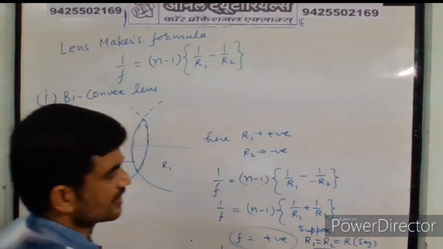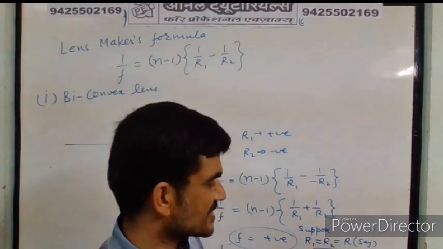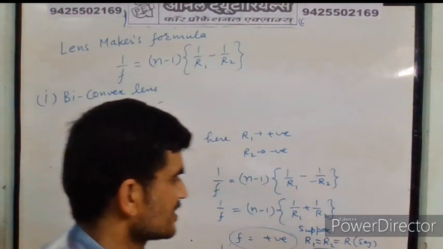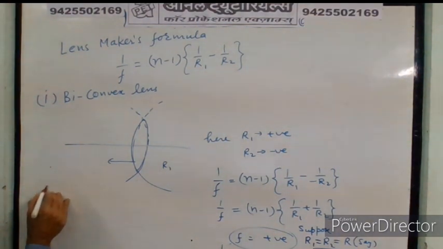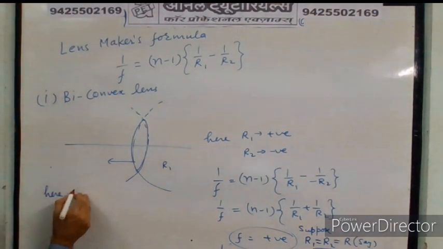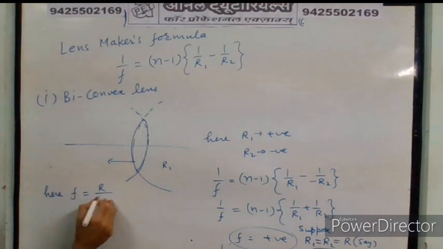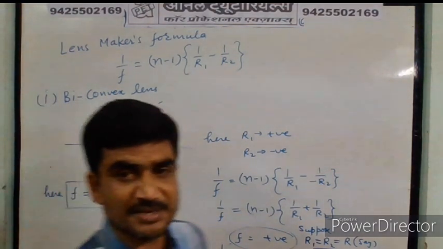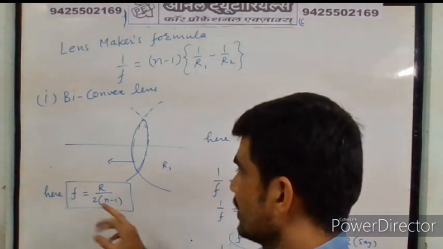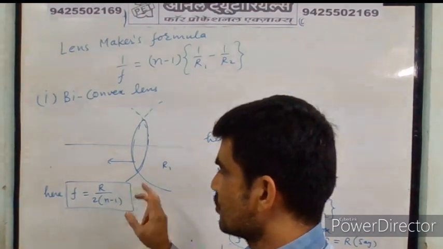From this we get a relation between the radius of curvature and f. It's a very clear-cut relation. Here we can write f is equal to R divided by 2(n - 1), the radius of curvature divided by twice of (n - 1).